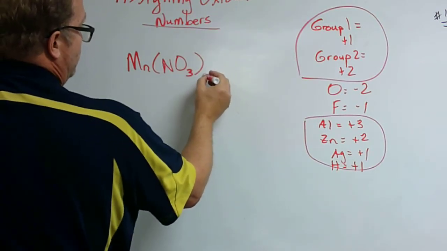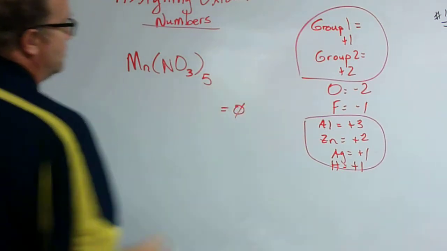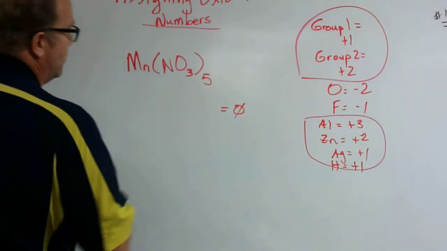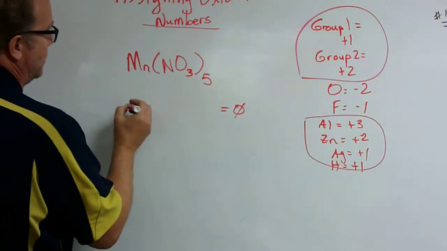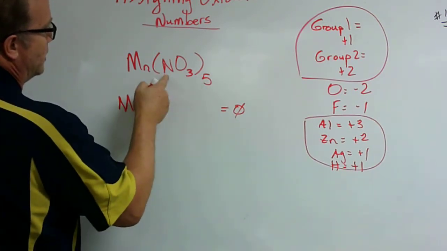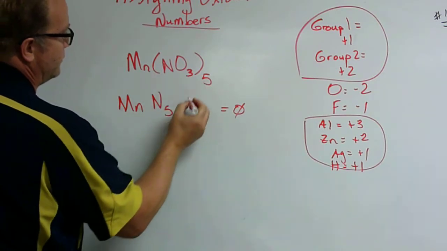Because we can always do whatever. So we're going to do this. We're going to make the whole thing equal to 0. Again, we're just going to have to go ahead and do our distributing. So we got Mn. We got 5 nitrogens, and we got 15 oxygens.